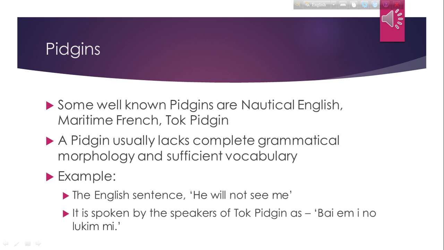The form, structure and vocabulary of a pidgin is formed based on the vocabulary of the language of the dominant group. For example, the pidgins created in different colonial periods were developed in forms and structures based on the forms and structures of the languages of the colonial groups.